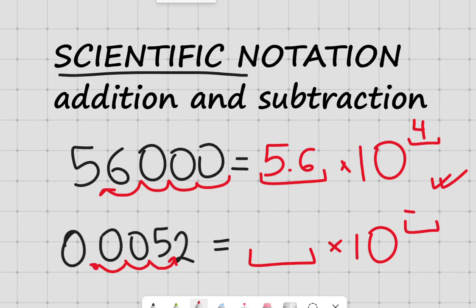But because the number starts with 0, it is less than 1, so our exponent is negative. Okay, what is the number that we have once we put the point here? 5.2.